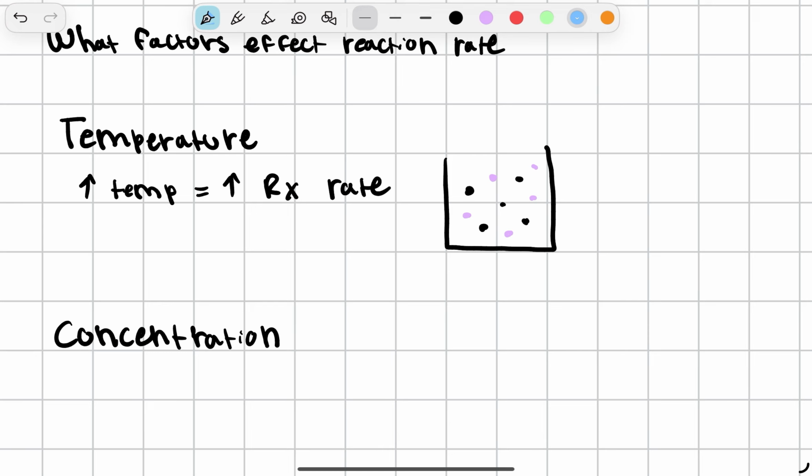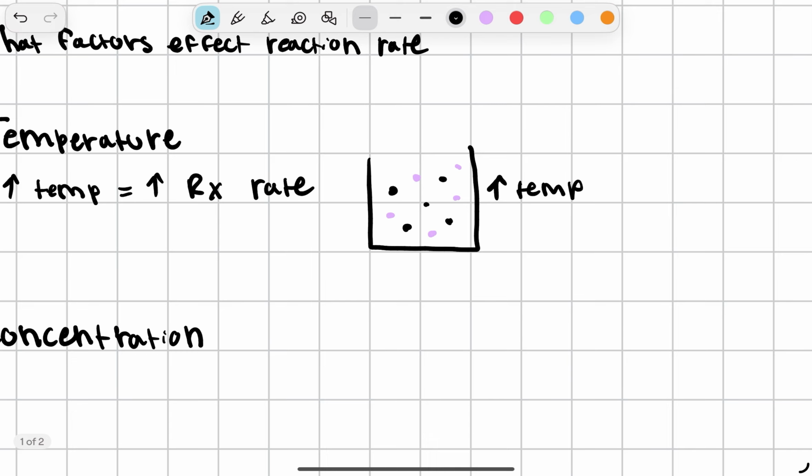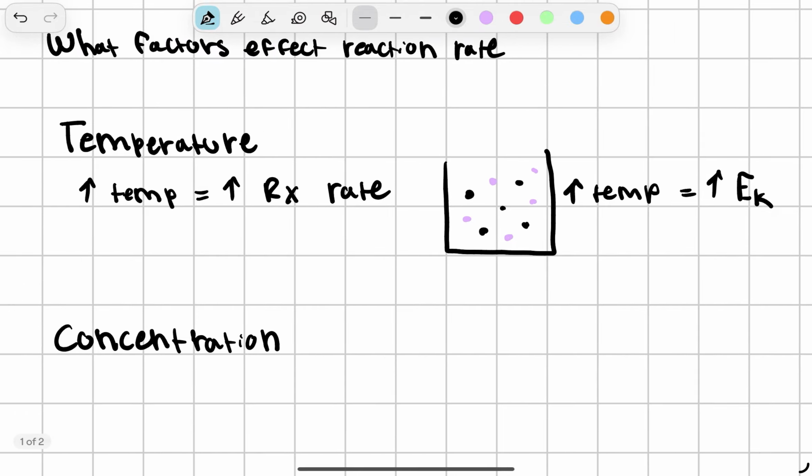When you increase the temperature, you're increasing the kinetic energy at which these particles move. If there's an increase in kinetic energy, these particles are moving faster, and there's a higher chance they'll collide. The opposite is true if you decrease the temperature, like if you put this beaker in the freezer or in the fridge. It's going to decrease the reaction rate.